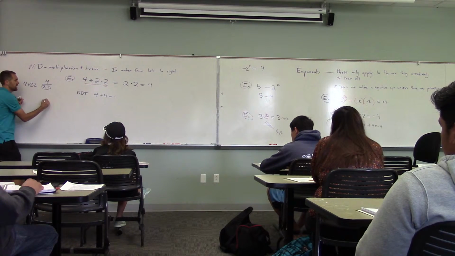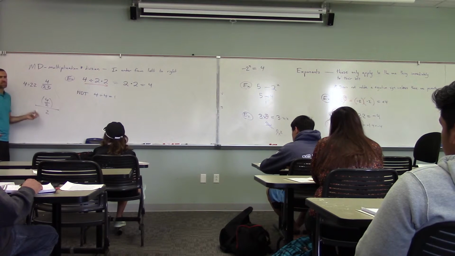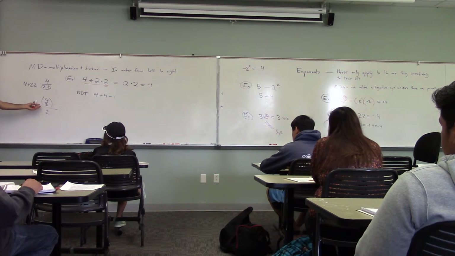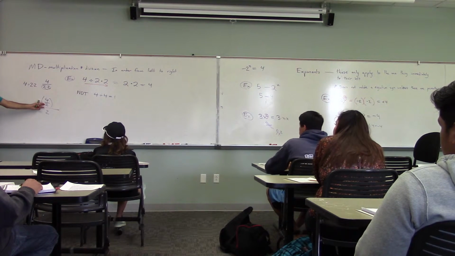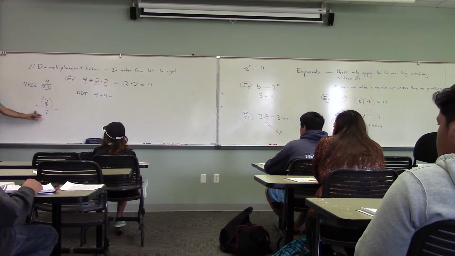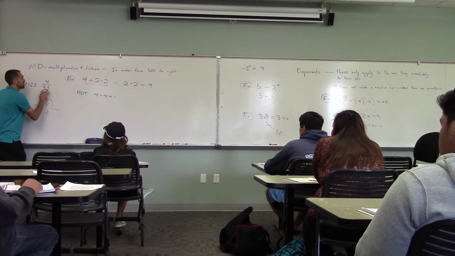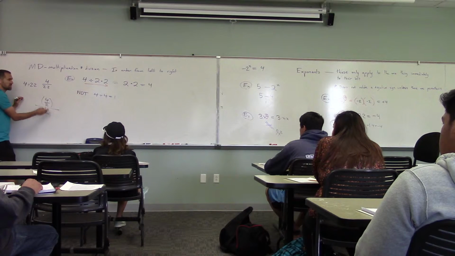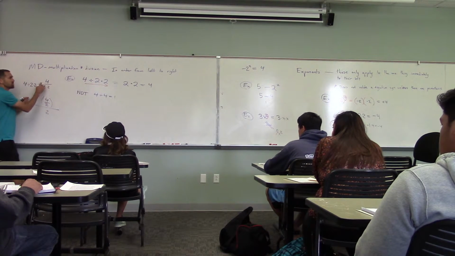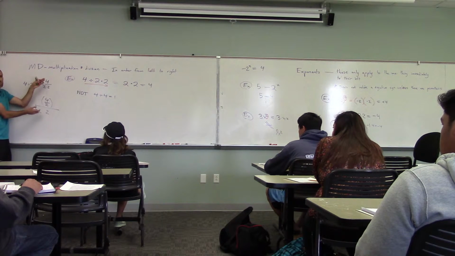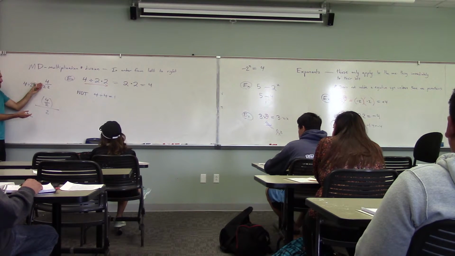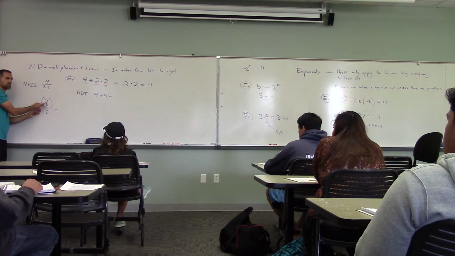If I were to say 4 divided by 2, divided by 2, there's no mistake here. Obviously, 4 divided by 2 comes first, and then you divide it by 2. So these are totally separate problems. Because instead of using a symbol we use a division bar, there's no mistaking it. This is obviously equal to 1: 4 divided by 2 is 2, 2 divided by 2 is 1.